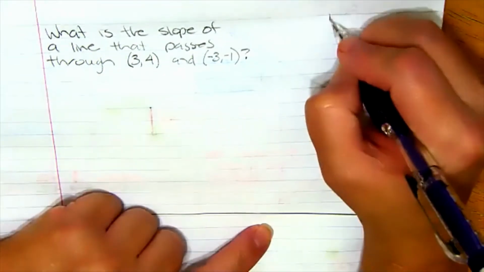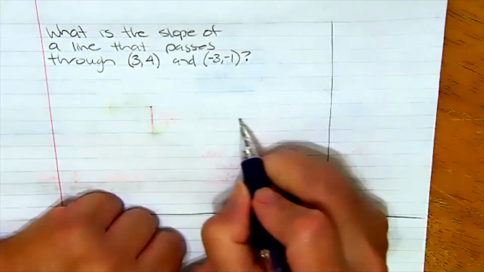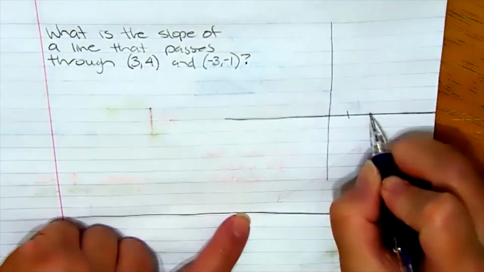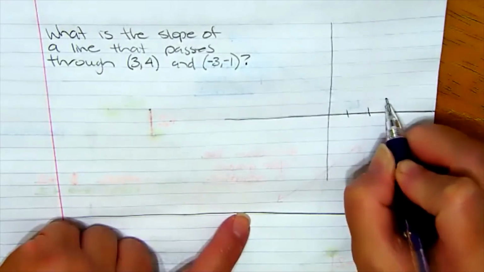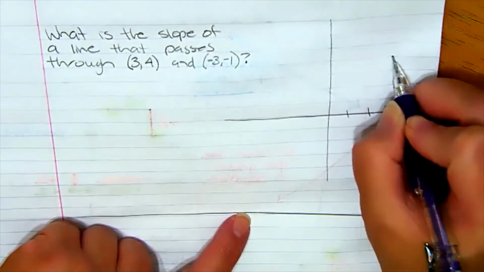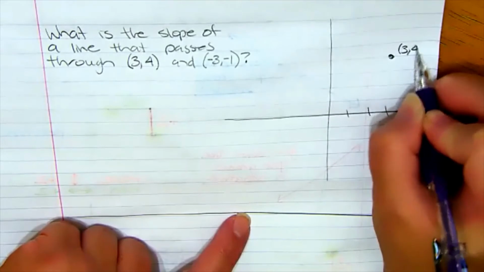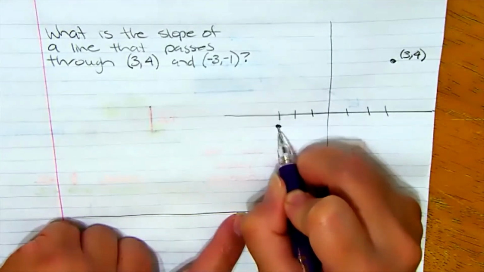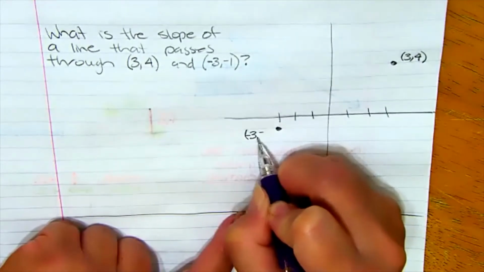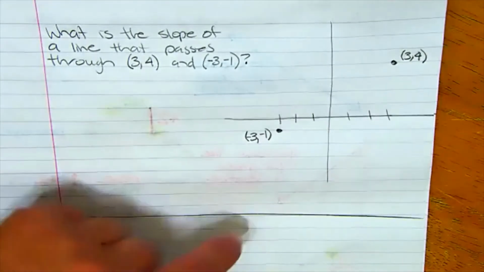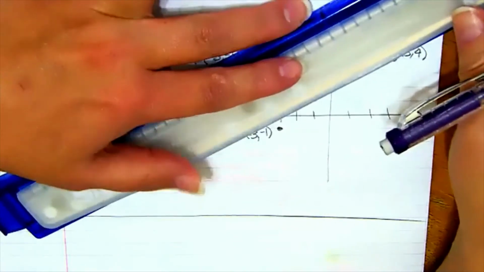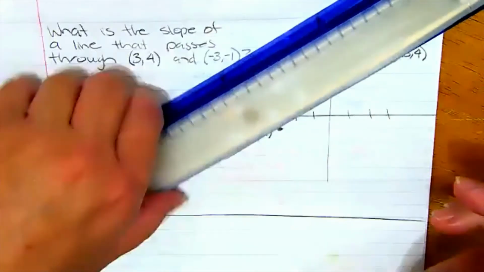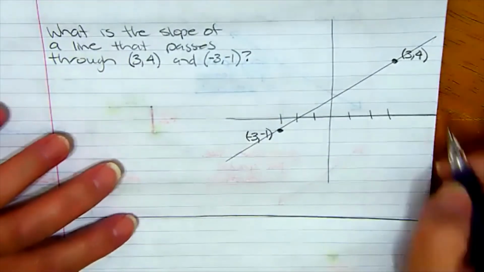Well, the first thing I can do, I can create a graph and I can plot these points. And I'm thankful they're using little numbers because it makes it easier to create the graph.